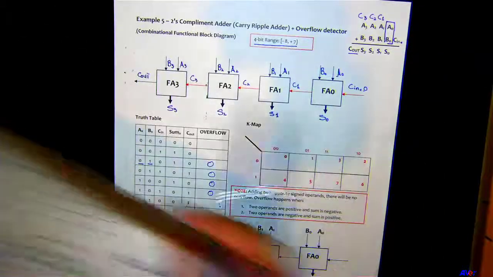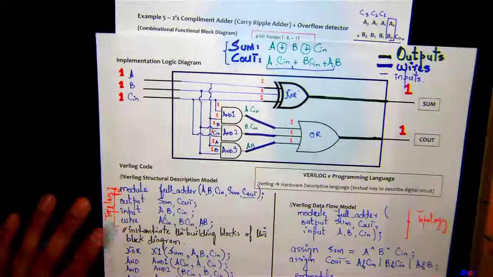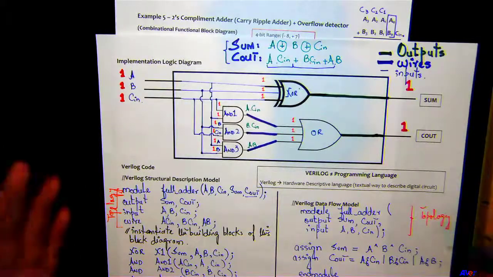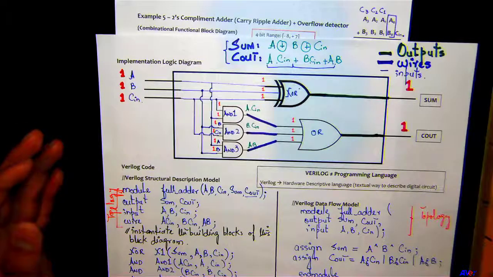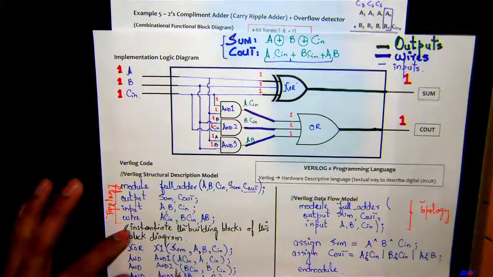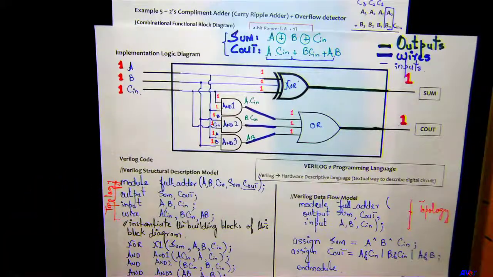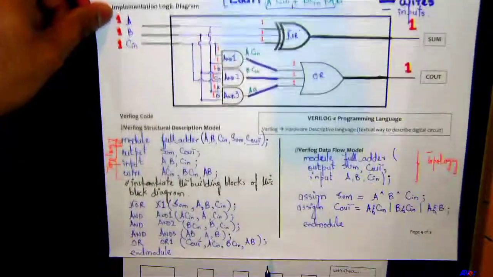Then we implemented the logic diagram, which looked like this, and we created a Verilog code for this module, which was basically a full adder. And we did it in two different ways: one with the structural model, and the other one with the data flow model. One of the major differences was in a structural model, you have to declare your wires.